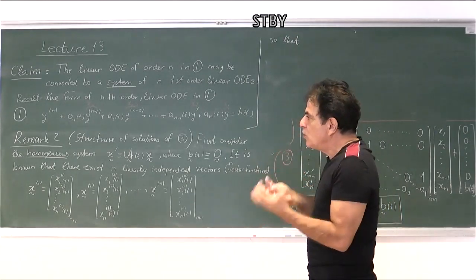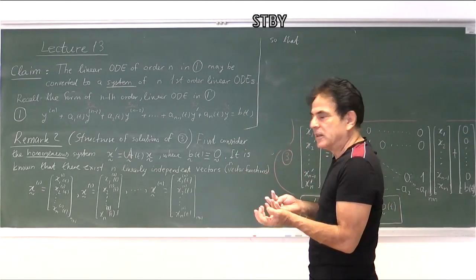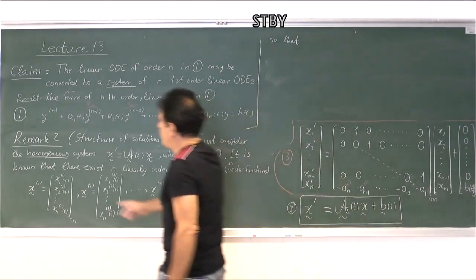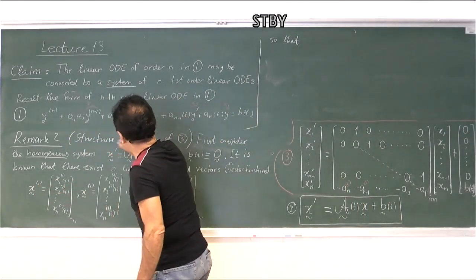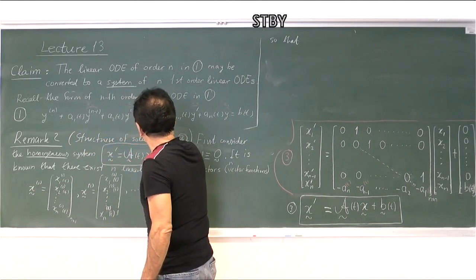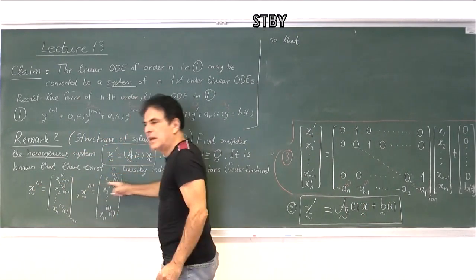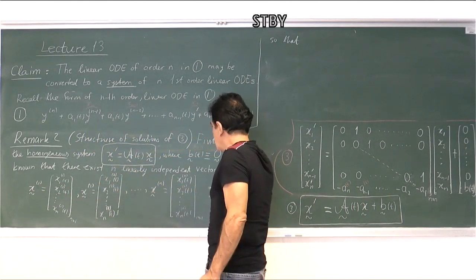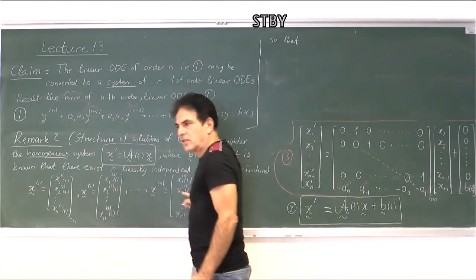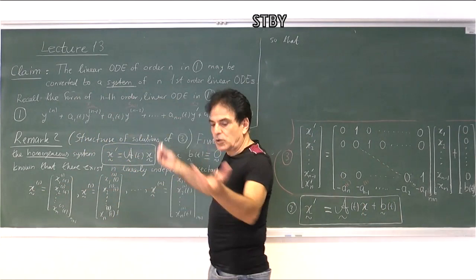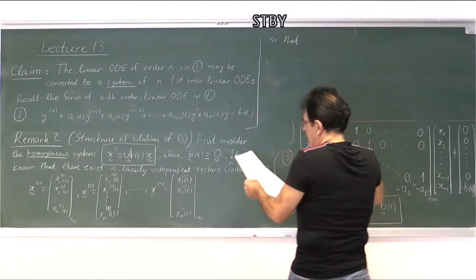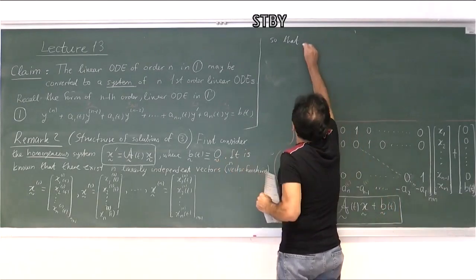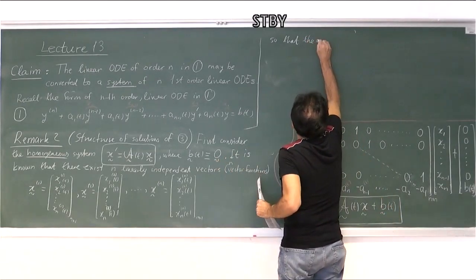Or you may use the linearity to say that if this is a vector solution of the homogeneous system, then any combination of these vectors is also a solution. This is the superposition principle.